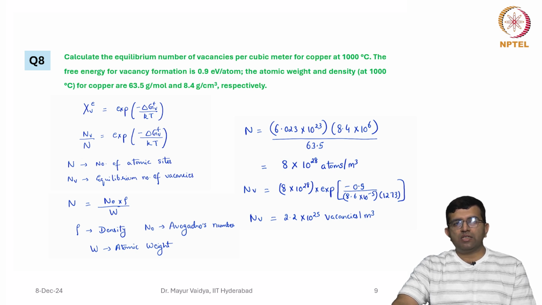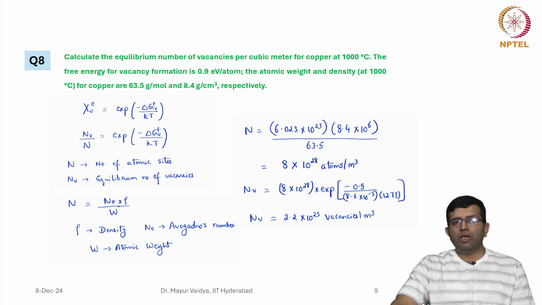Now, how do I estimate N? I can estimate N by the formula Avogadro's number into rho by the atomic weight. Remember why I can use this formula: rho is the density and W is the atomic weight, so that is N0 divided by the volume.